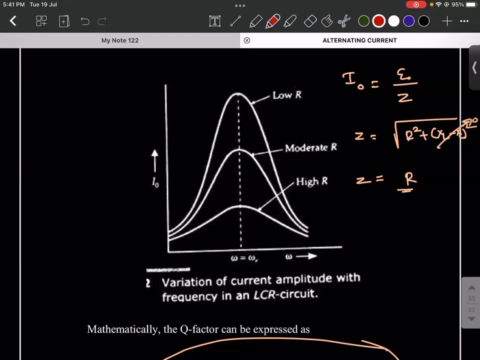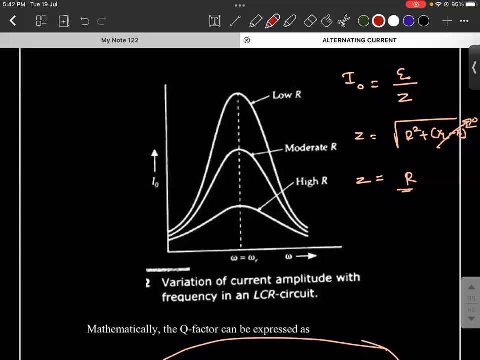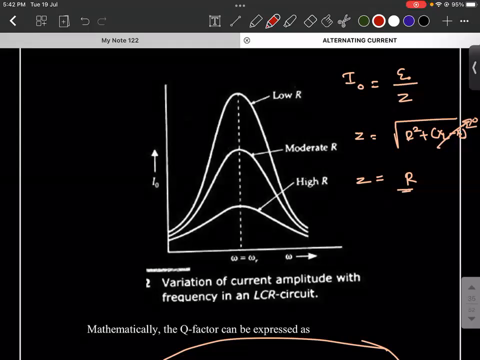During resonance condition, please make a note of this point: during resonance condition, a series LCR circuit behaves as a purely resistive circuit.